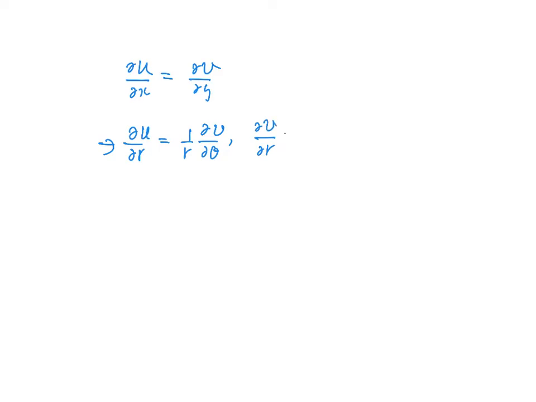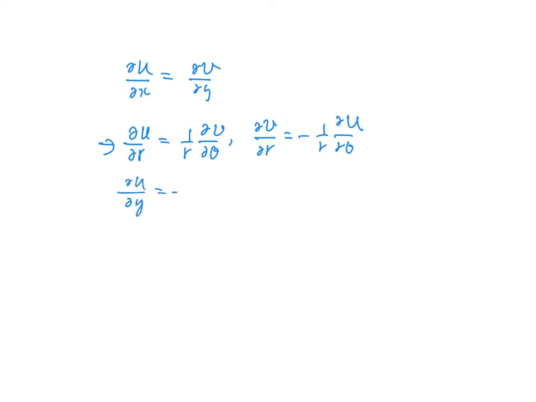So let me summarize. Partial x partial u equals partial y partial v. This condition gives partial r partial u is 1 over r partial theta partial v, and partial r partial v is minus 1 over r partial theta partial u. And second, we have a second equation, right?